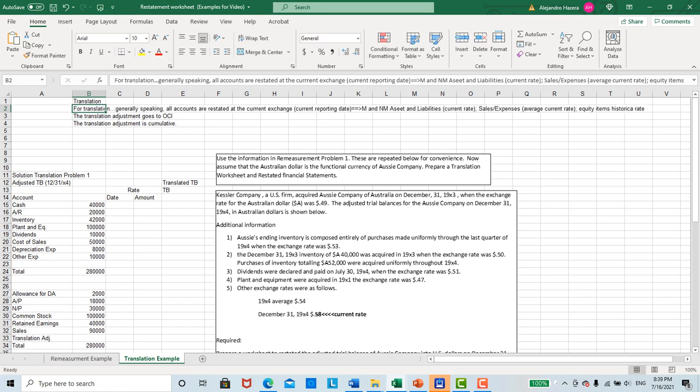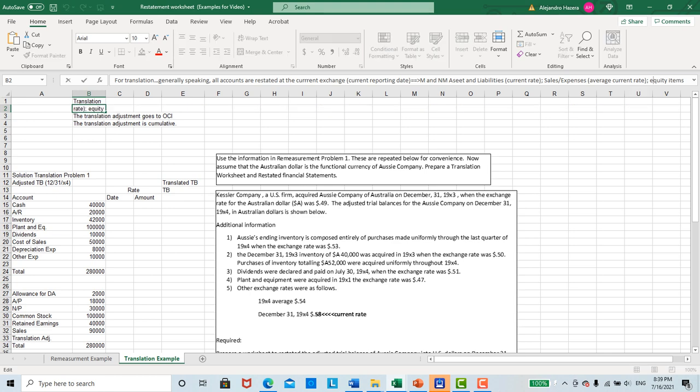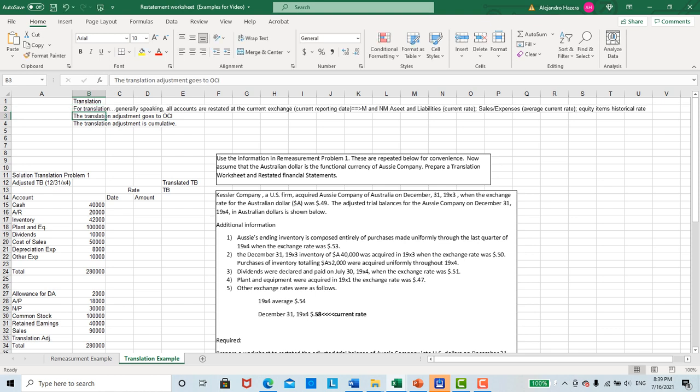So for equity items, you're going to use the historical rate. I'm going to emphasize that here and bold this line.